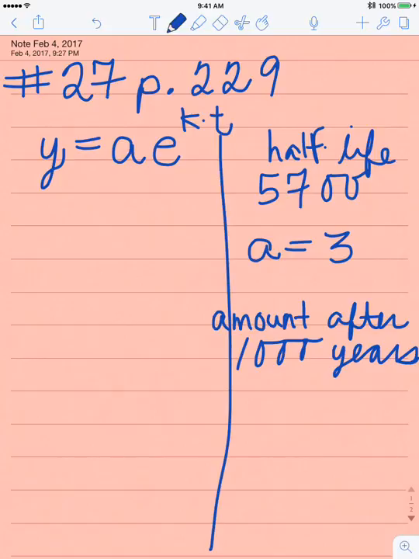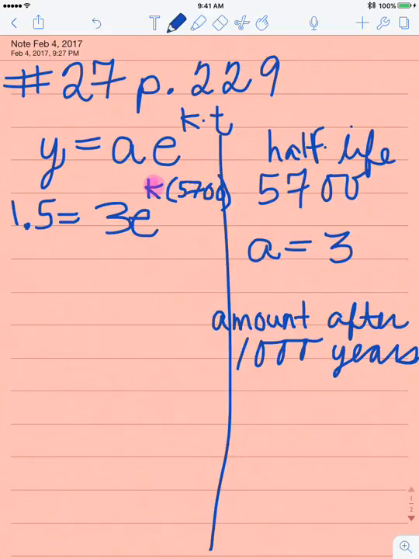So I know that if my initial amount or my initial mass is 3 grams, I don't know K. I know that in 5,700 years, I will have half of 3, and half of 3 is 1.5 or 3 halves. And so my job here is to solve for K. That's what I have to do first.